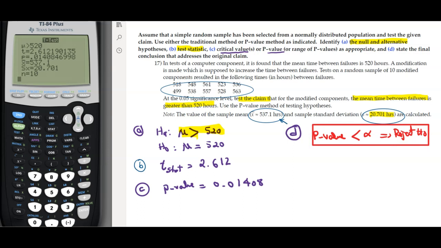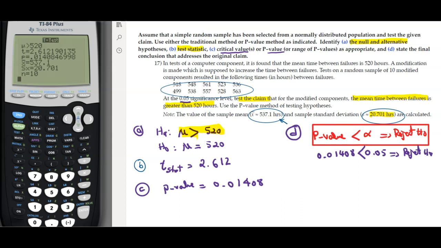The p-value is 0.01408, and the alpha we know is 0.05. So obviously the alpha is greater, and this is going to conclude with reject H0.